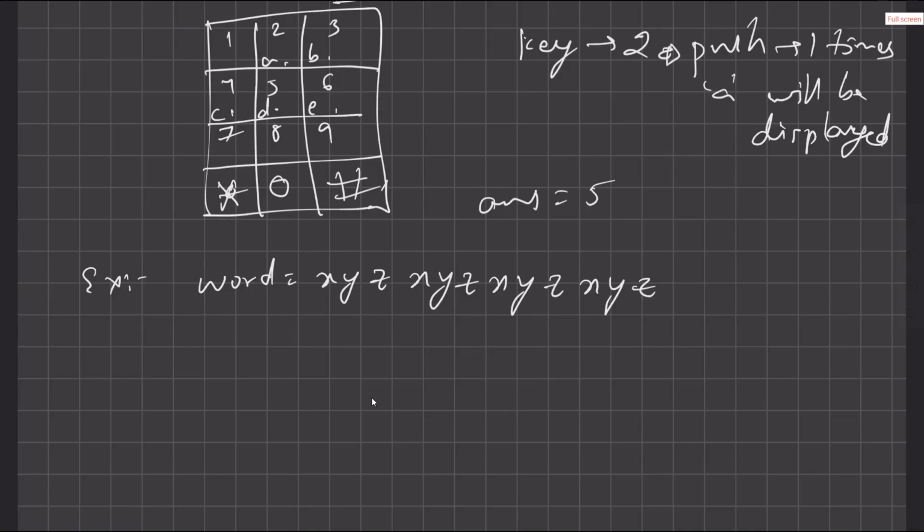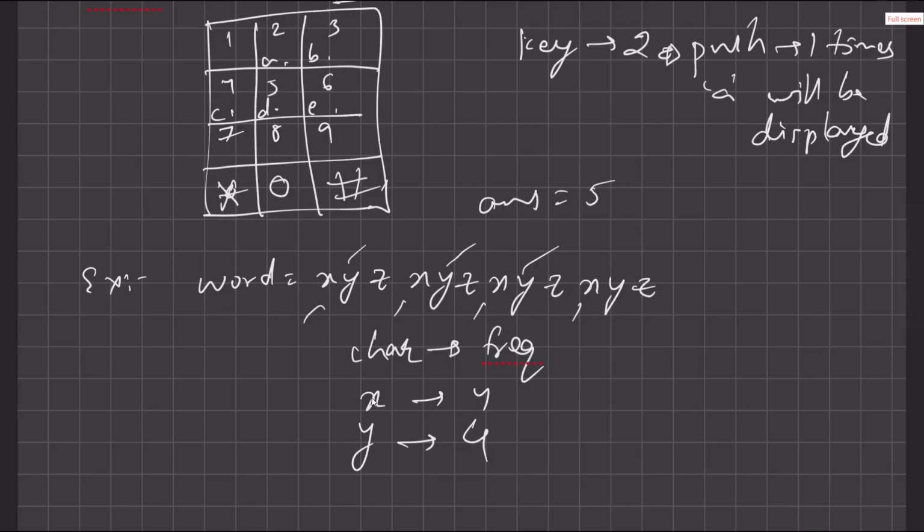First I'll make sure what the frequency of each character is. The character X has occurred 4 times. Character Y, frequency is 4 times. Character Z has occurred again 4 times. So in this case, again, I try to make a mapping on the keypad.